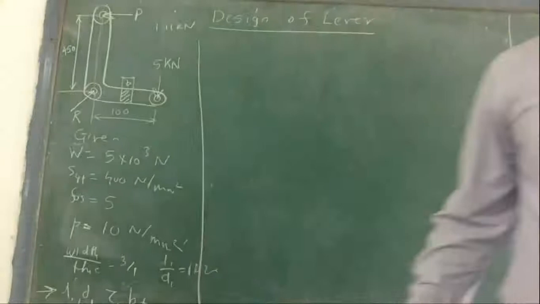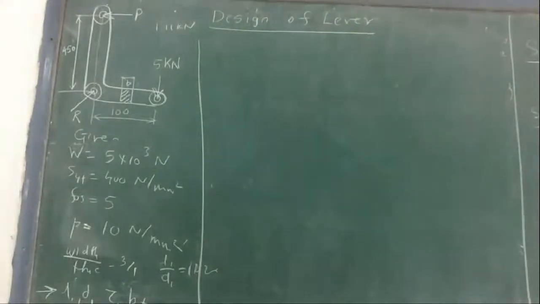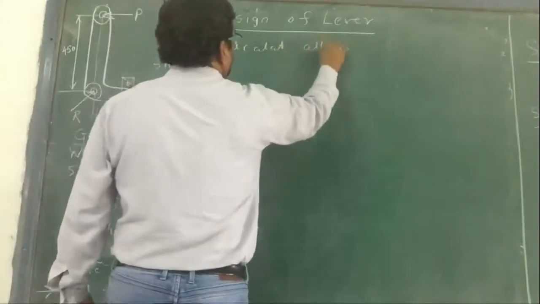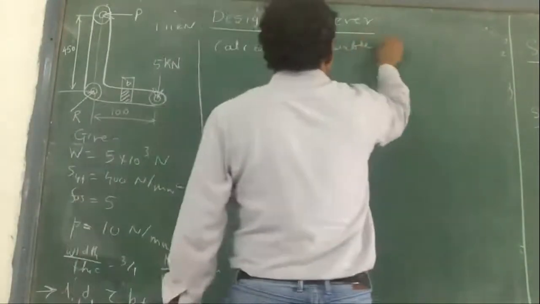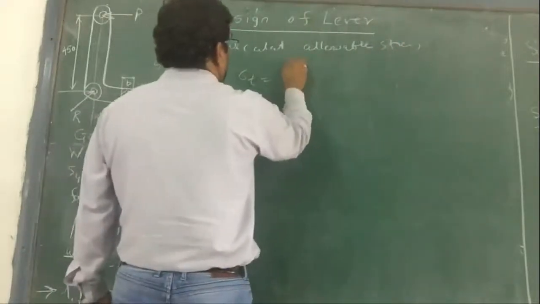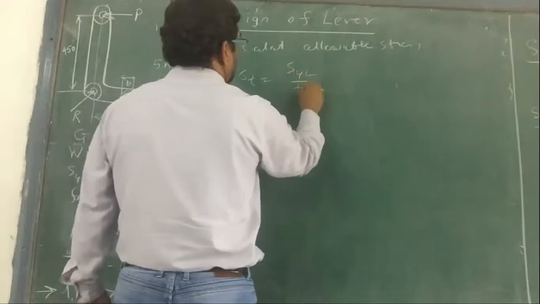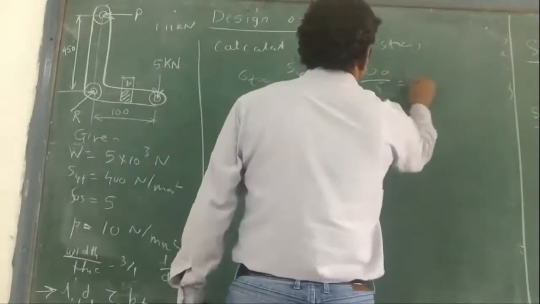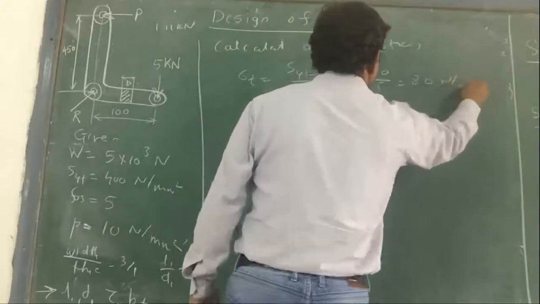Whenever we start any design, the first step is to find out the permissible or allowable stresses. So what are the allowable stresses? First, sigma T is equal to SYT upon FOS. So we get 400 upon 5, which is 80 Newton per mm square.